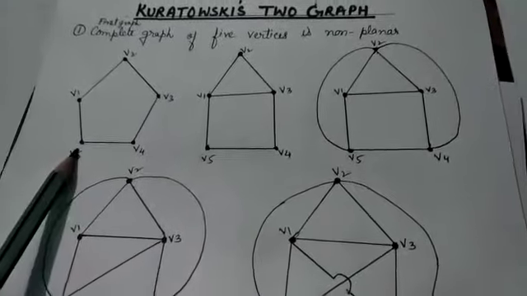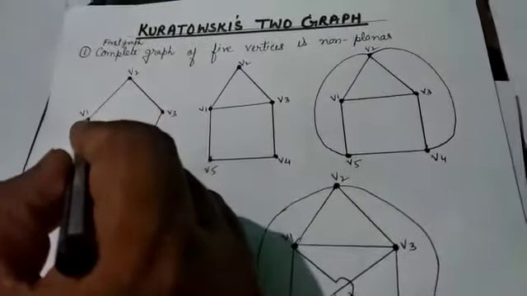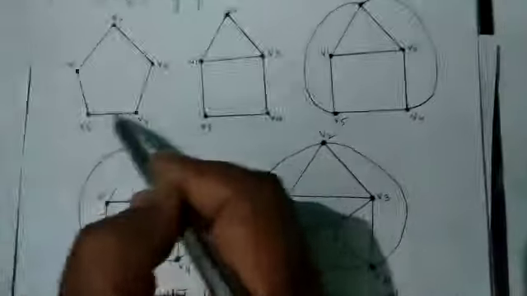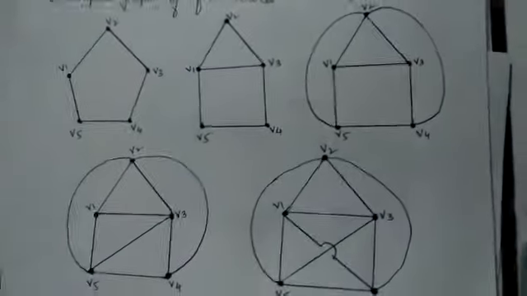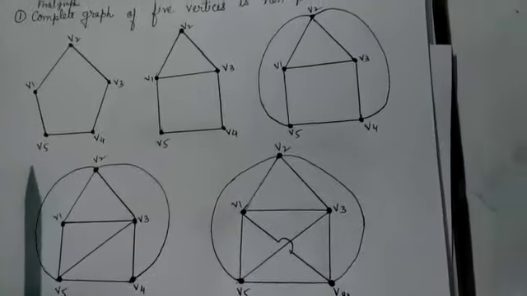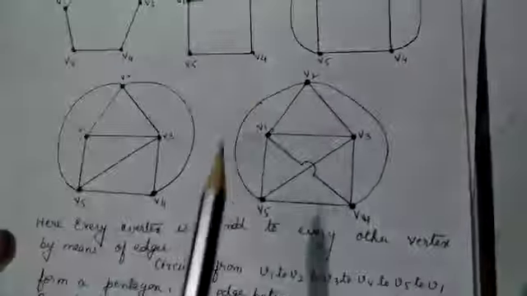Every vertex is joined to every other vertex by means of edges. V1 to V2, V2 to V3, V3 to V4, V4 to V5 and again from V5 to V1 forms a circuit.